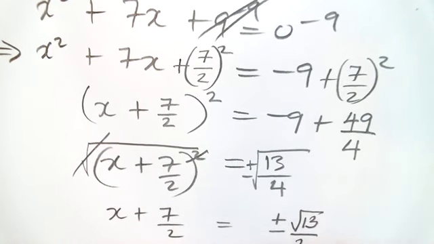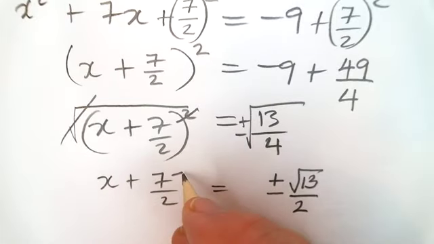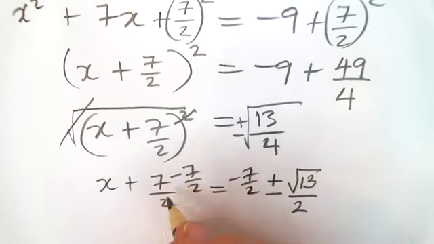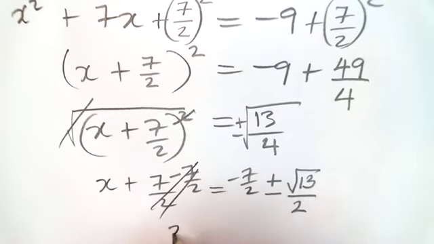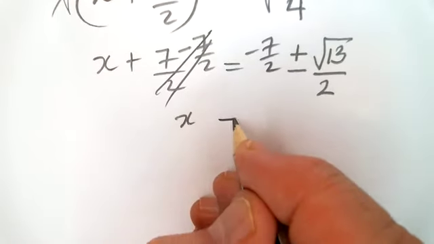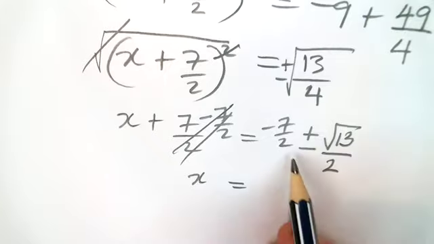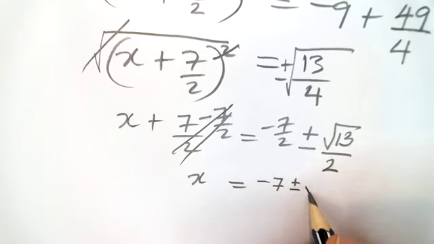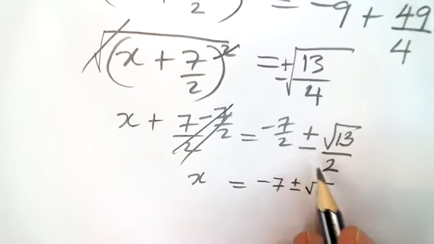And I'm going to subtract 7 on 2 from both sides, leaving me on this side with my x. Here's my x value. And I've now got a common denominator as well, so I could put -7 plus or minus root 13 all over 2.